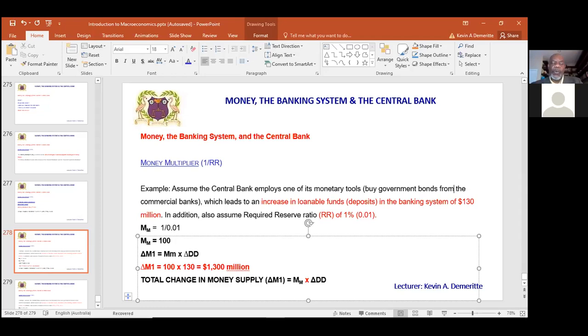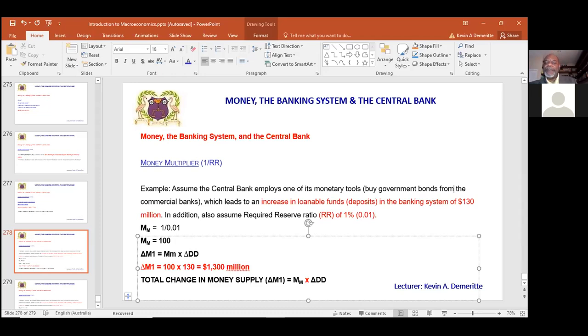So typically, when the central bank puts additional money in the hands of the banks, that's what we mean. The central bank will in fact buy these bonds from the commercial banks and deposit the cash into their bank accounts. Banks now have all this excess cash sitting in their bank accounts. They can turn around and make loans.